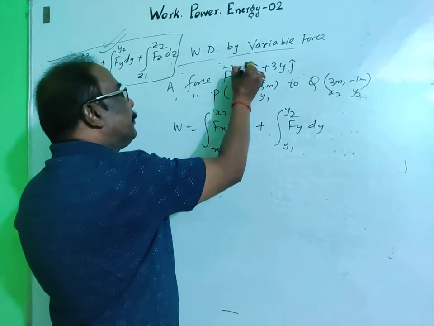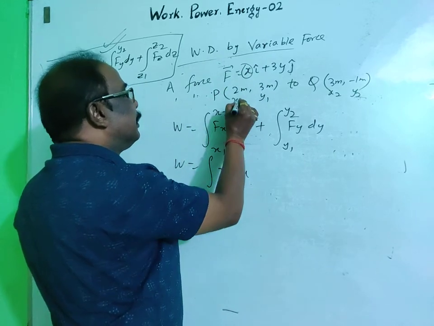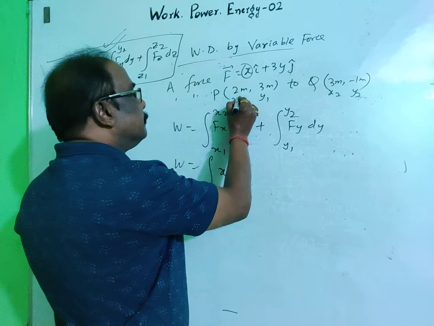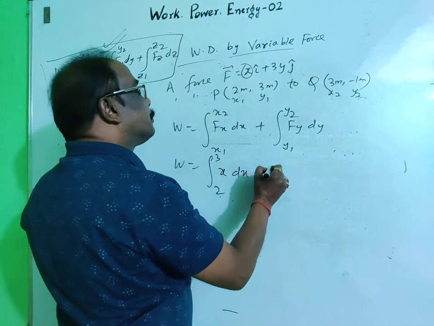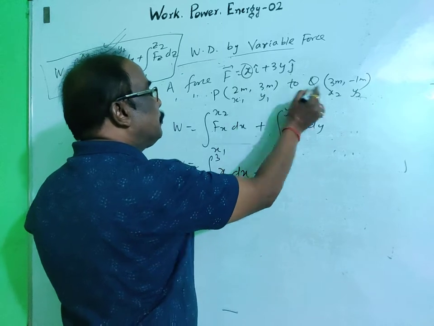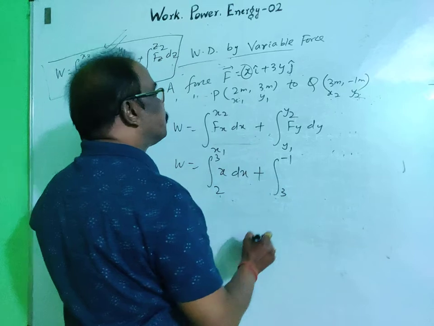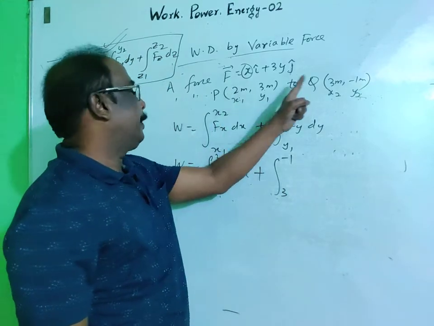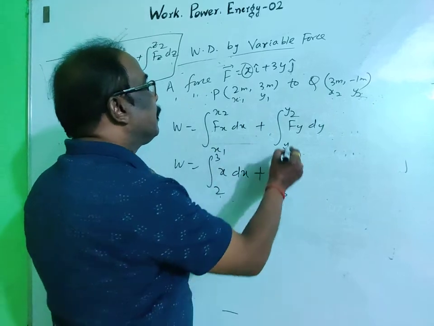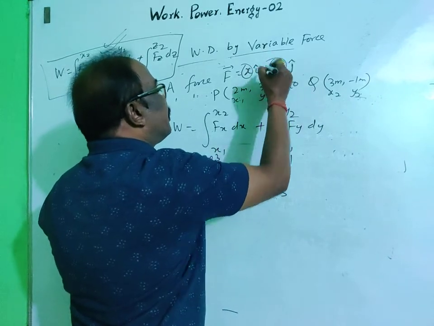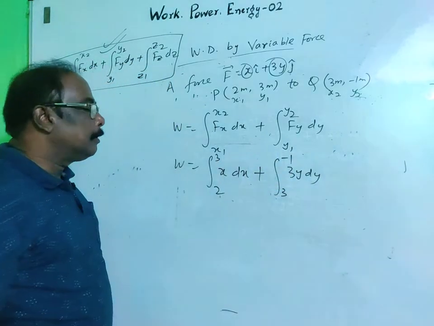The magnitude of fx is x, with x1 as 2 meter and x2 as 3 meter, plus y1 is 3 meter and y2 is minus 1 meter, and the magnitude of fy is 3y. Then just integrate and get your answer.